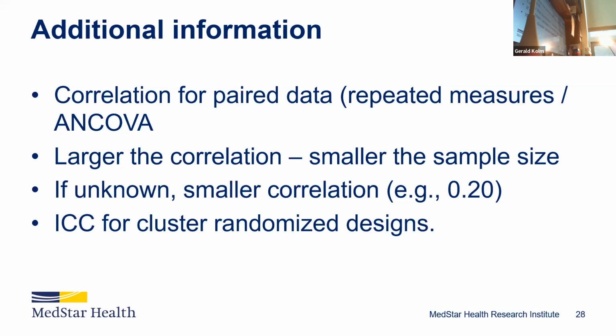And then we would need to know the ICC for cluster randomized designs. But again, this may not be known unless you have a previous study that calculated that as an estimate. So again, we might use a correlation that might be reasonable.